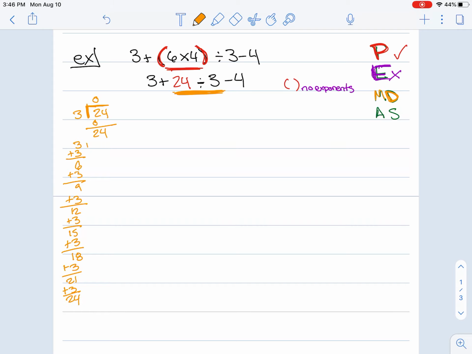And now I need to go and count. 1, 2, 3, 4, 5, 6, 7, 8 threes. Okay. I'm going to erase my work there. The hope is that we get to a point where we're good enough with our multiplications that we don't need to do that.